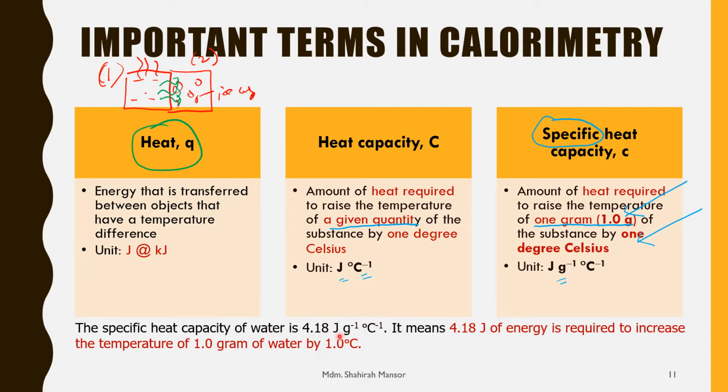So, this ayat bermaksud, it means that 4.18 joule of energy is required to increase the temperature of 1 gram of water by 1.0 degree Celsius. Okay, so untuk nak menaikkan temperature of water ini sebanyak 1 degree Celsius, kita akan perlukan sebanyak this amount of energy. Okay, untuk nak menaikkan temperature sebanyak 1 gram of water by 1 degree Celsius.